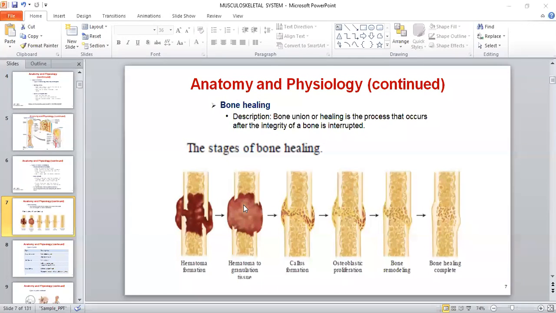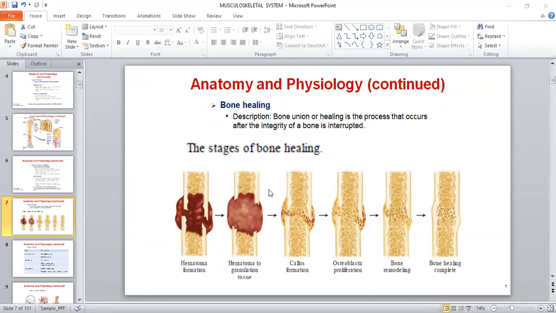Hematoma transfers to granulation tissue formation, and granulation tissue then bone production, and this first is called callus formation, and osteoblastic activity increases, more bone tissue formation in the gap, and then undergoes bone remodeling. So remodeling is the final process of bone healing. Okay, and it takes several months, and finally bone is formed, and this is called healing complete or compact bone is formed.